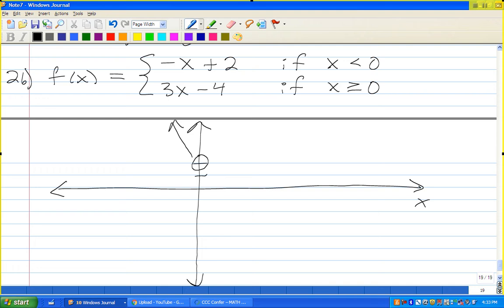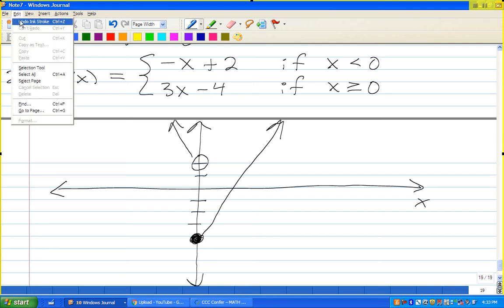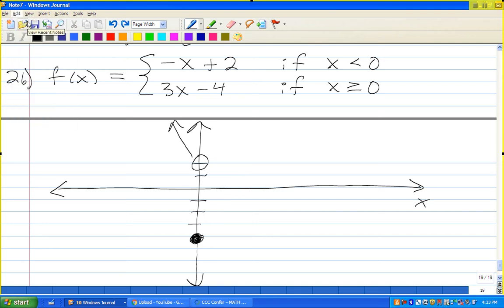And for x greater than or equal to 0, well, it has a y-intercept of negative 4. So I include the negative 4. And it has a slope of 3, so it goes over 1, up 3. So it should look something like this. It's not steep enough.